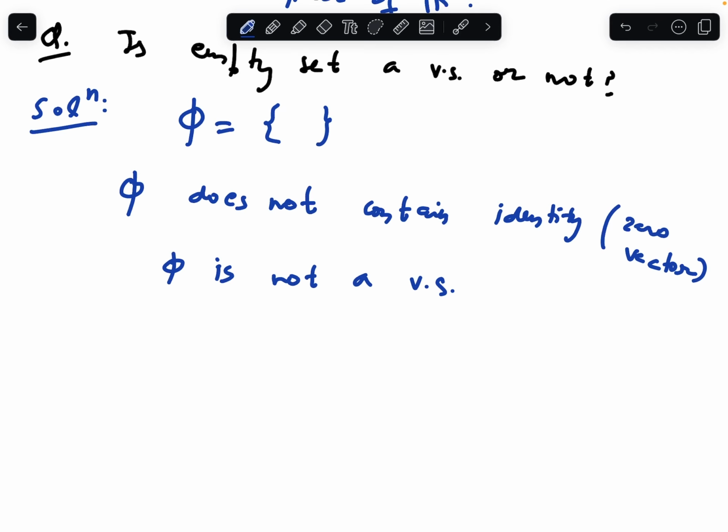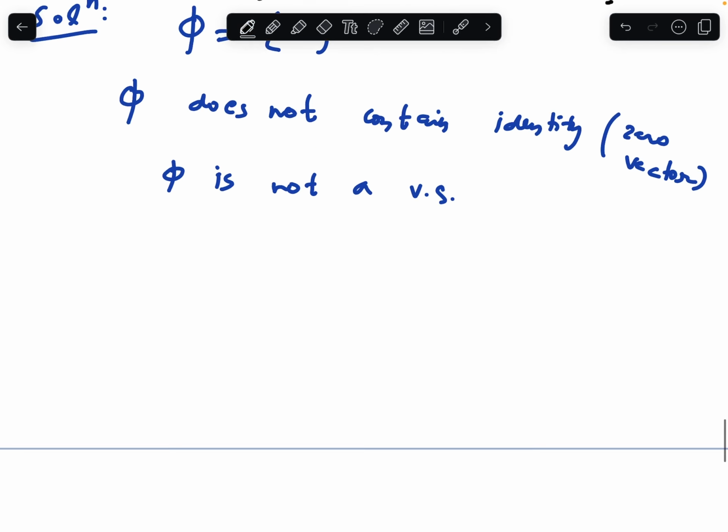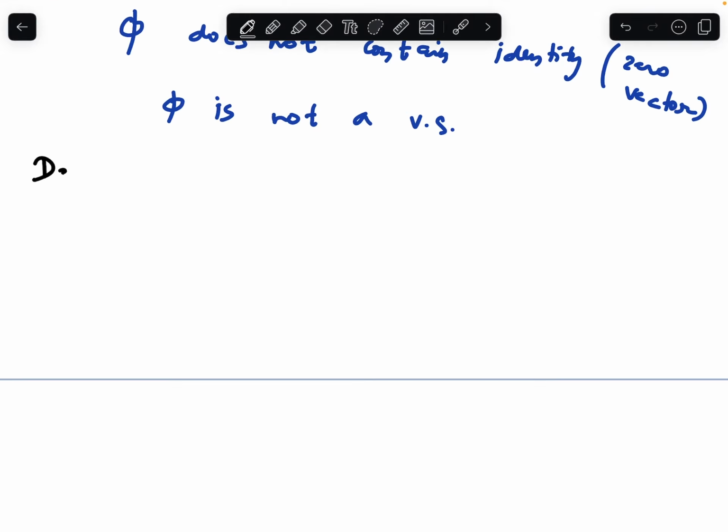Okay. Now let me define something called span. Definition.